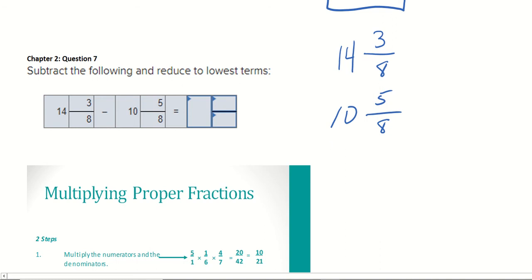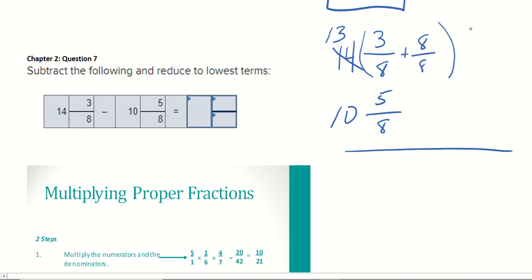So we're going to have to borrow from here, which is going to give us 13. Our common denominator is 8. So we're going to add, which is going to give us 11/8 over 5/8.